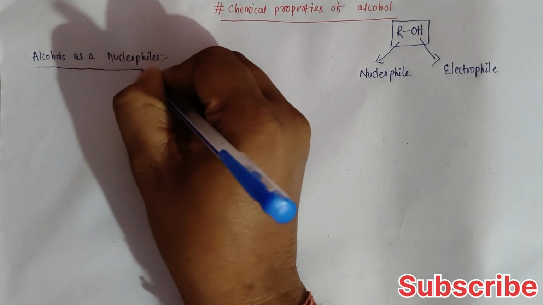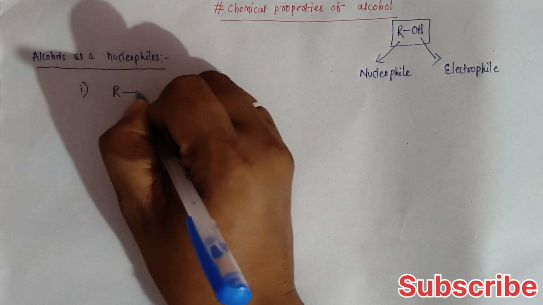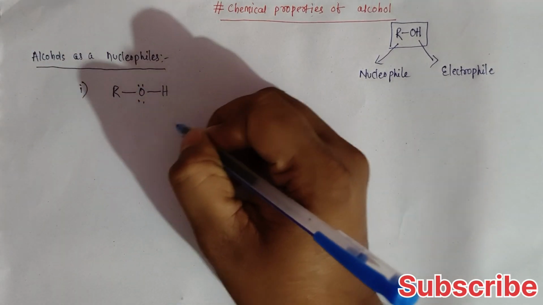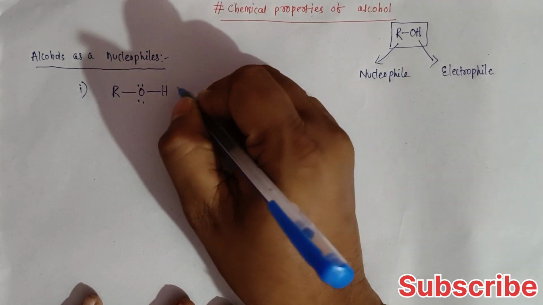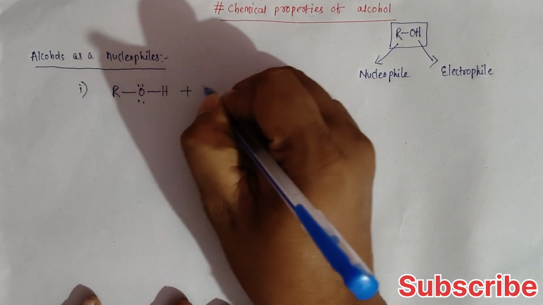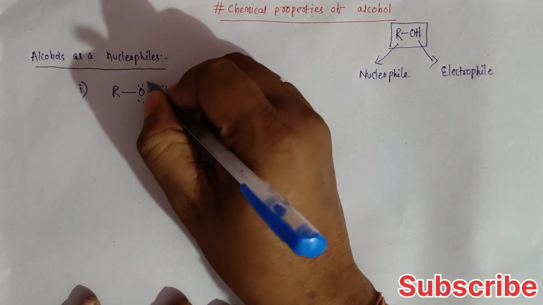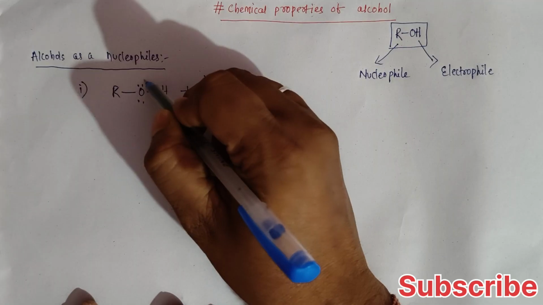Let me take an alcohol. We all know that this oxygen atom contains two lone pairs. This lone pair can attack any substance with positive charge, because the electron content is negatively charged in nature.